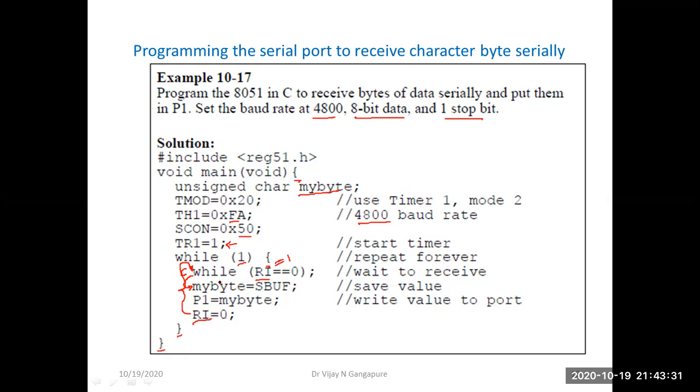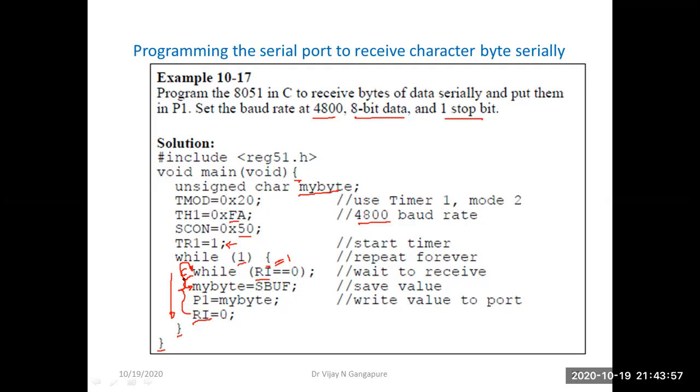Okay, what is happening in one pass of this loop? We are continuously monitoring the RI flag bit. Once it gets set, a character byte is received and available in SBUF, and we move that content of SBUF to mybyte. Then we move that character to port 1, and again reset the RI flag bit to 0.